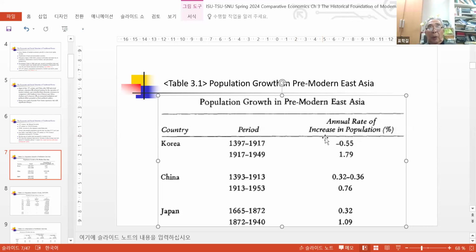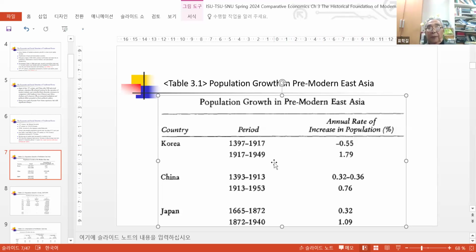So if Korea's population annual rate of increase over roughly 500 years is minus 0.55, on the other hand, China and Japan recorded 0.32%. That means China and Japan's production capacity increased sharply, but Korea's production supply capacity declined.